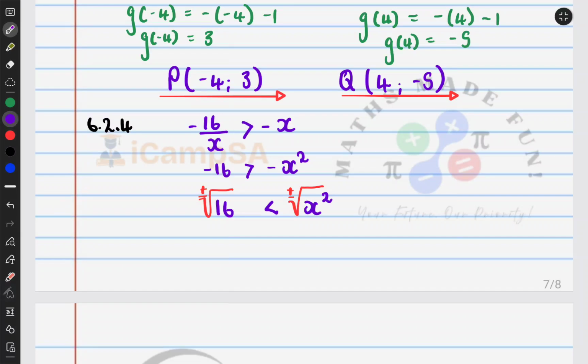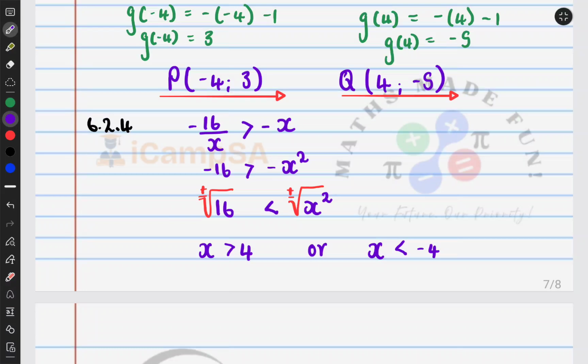So x is greater than 4, the positive square root, or x, remember when we introduce a negative square root, the sign has to change. So x will be now less than negative 4. First things first, x is greater than 4.